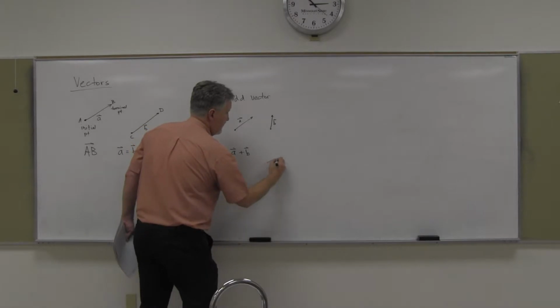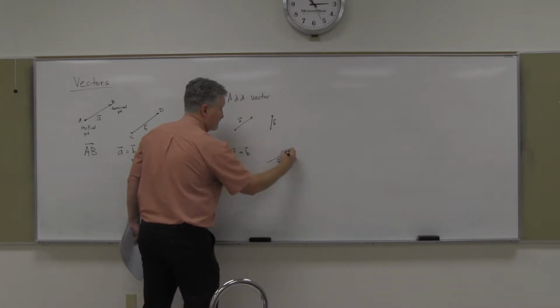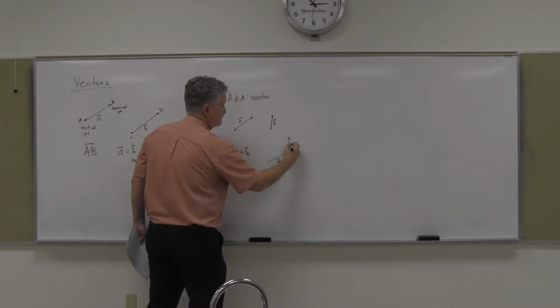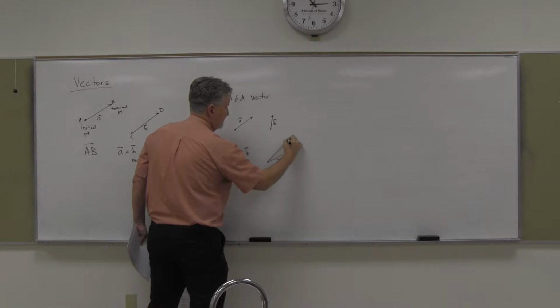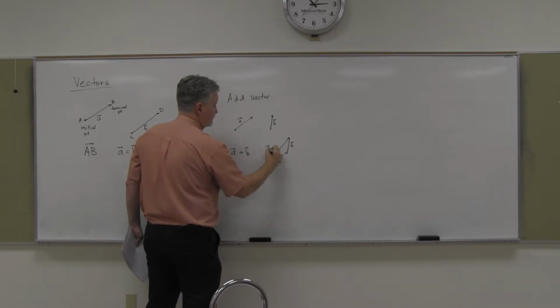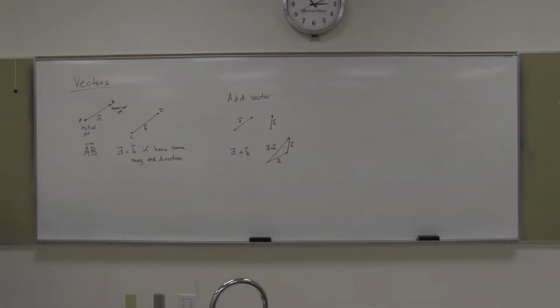So we take A and then put the initial point of B to the terminal point of A. The vector from that initial point to that terminal point is the addition of those two vectors.